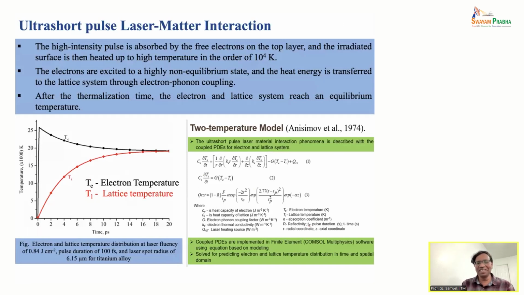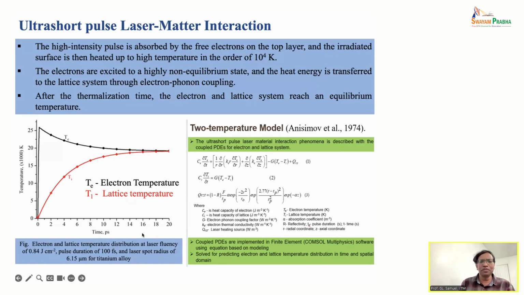Actually, theoretically, there are different ways to explain this phenomenon. There is the 2 temperature model, and later the 3 temperature model and n temperature models have come, and a lot of equations have been given to explain this phenomenon.